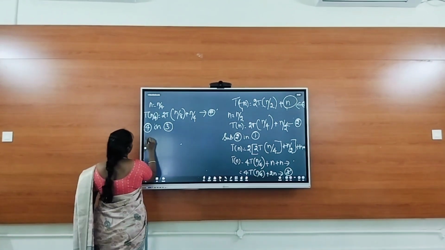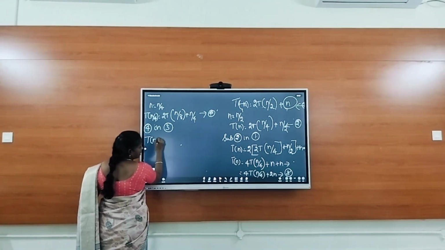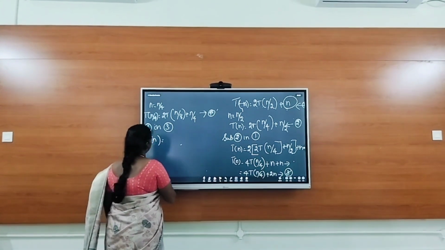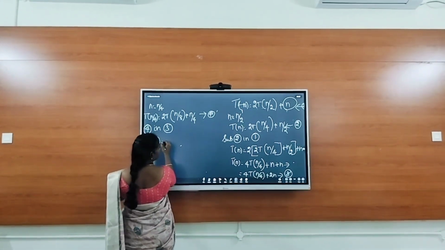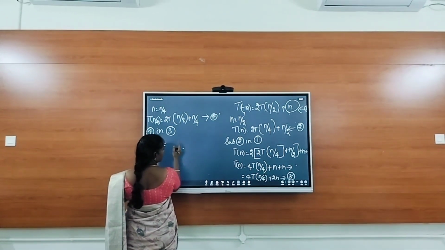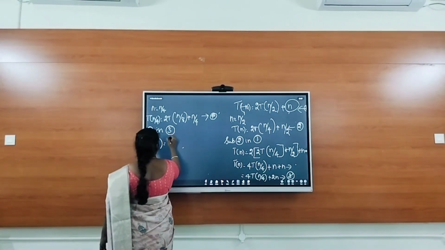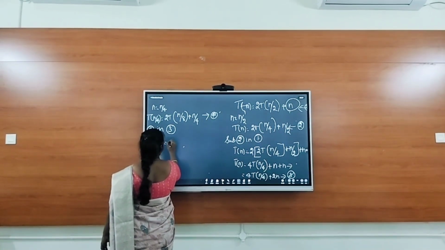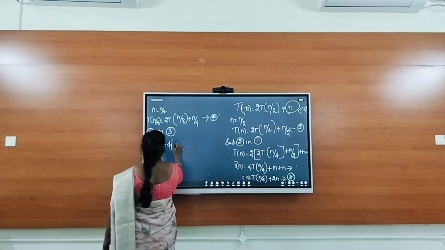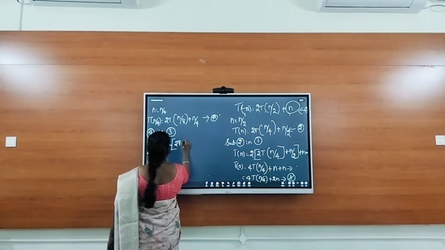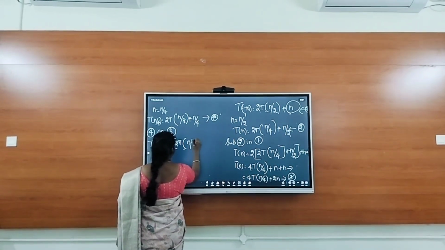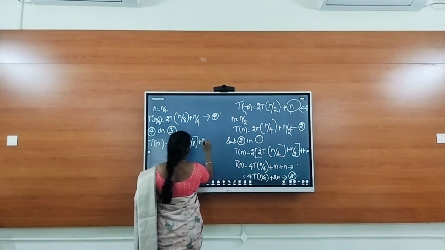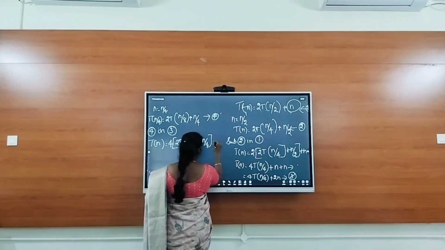So T of n is equal to 4 of 2T of n by 8 plus n by 4, plus 2n.